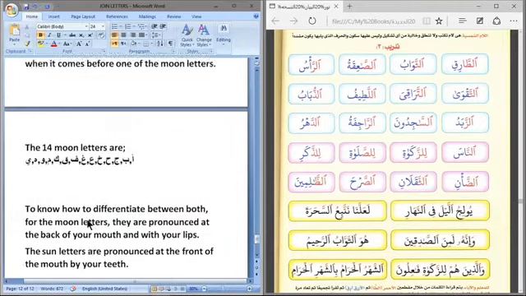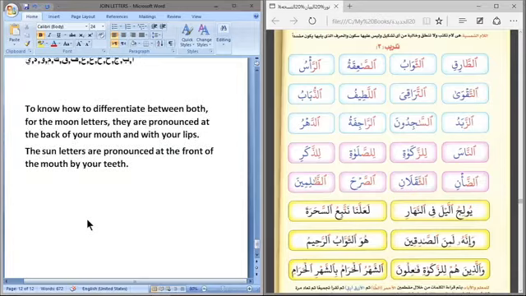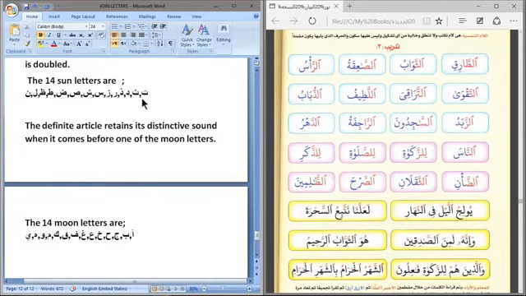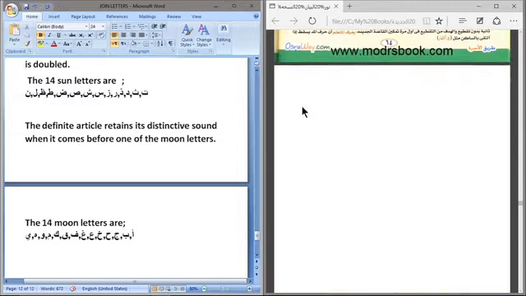But the sun letters are pronounced at the front of the mouth by your teeth. Examples: Ta, Tha, Da, Dhal, Ra, Zain, Sin, Shin, Sad, Dad, Ta, Za, Lam, Nun. So the sun letters use the front part of the mouth by the teeth, while the moon letters use the lips and the back of the mouth. That is the typical way for us to differentiate between the moon and the sun letters.